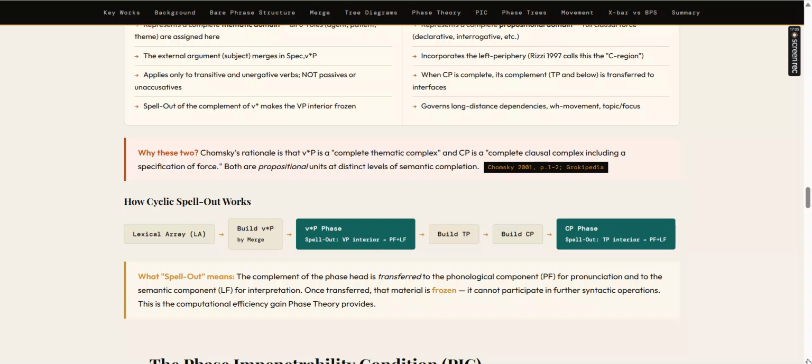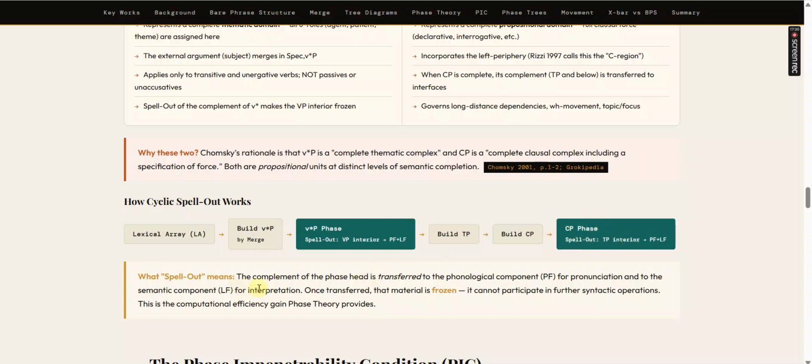Here it is shown for better understanding how cyclic spell-out works. First the lexical array, then build vP by merge, then vP phase, then build TP, then CP, then CP phase. It is complete.